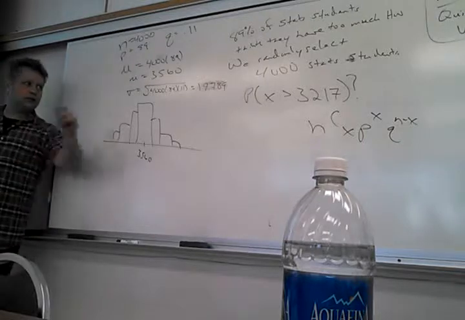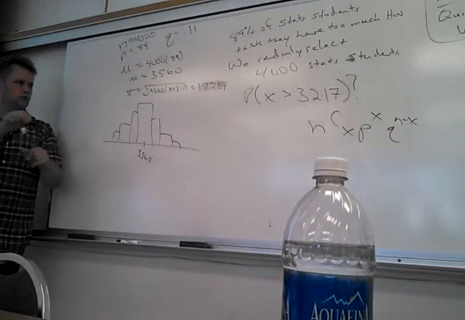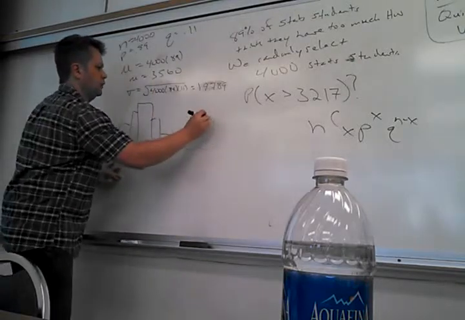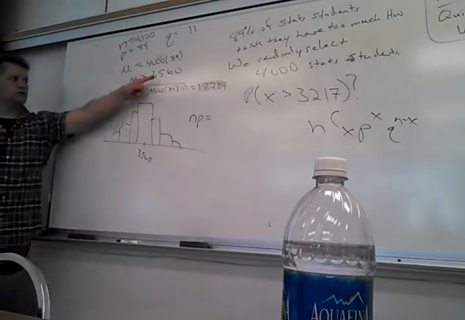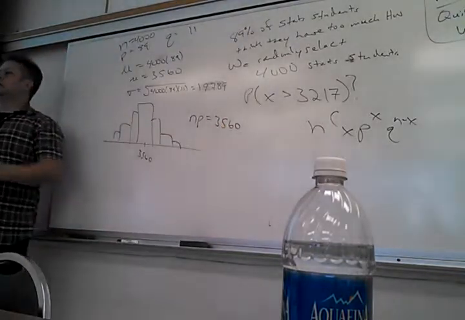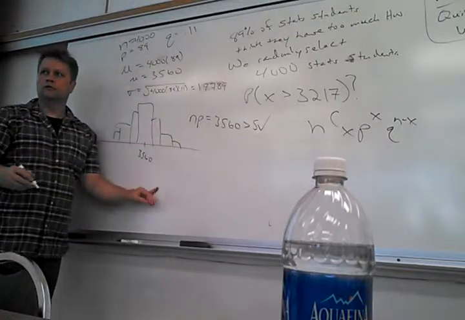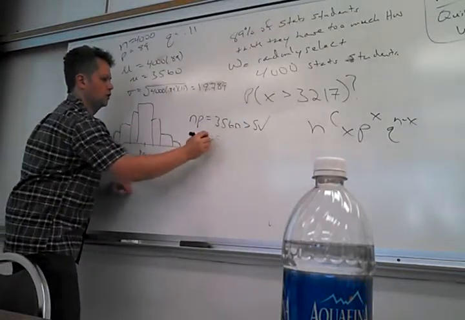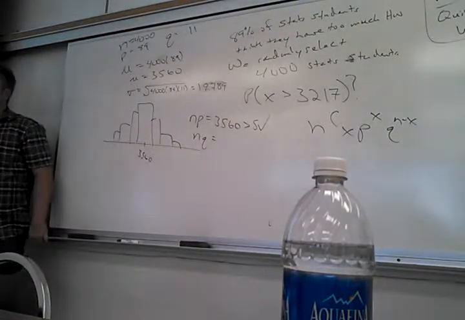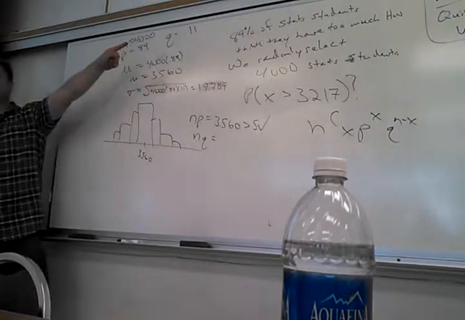Let's do our check. Is it normal enough to do normal stuff with it? NP, we know what that is already. That's 3560. And it's got to be what to be normal? Greater than 5. So it definitely is greater than 5. Check mark. What's NQ? 4,000 times 0.11 is 440.